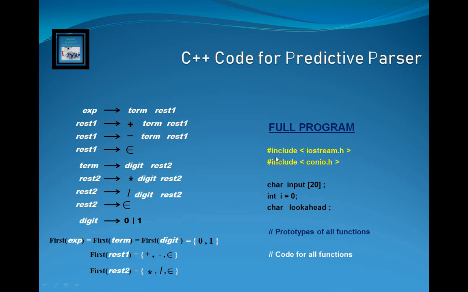Because I have used the C++ language, first of all you have to include some header files, and after that we declare these three global variables. Input, and as you see here I have given the size of 20, because I am assuming that I will not give an input that exceeds this limit.